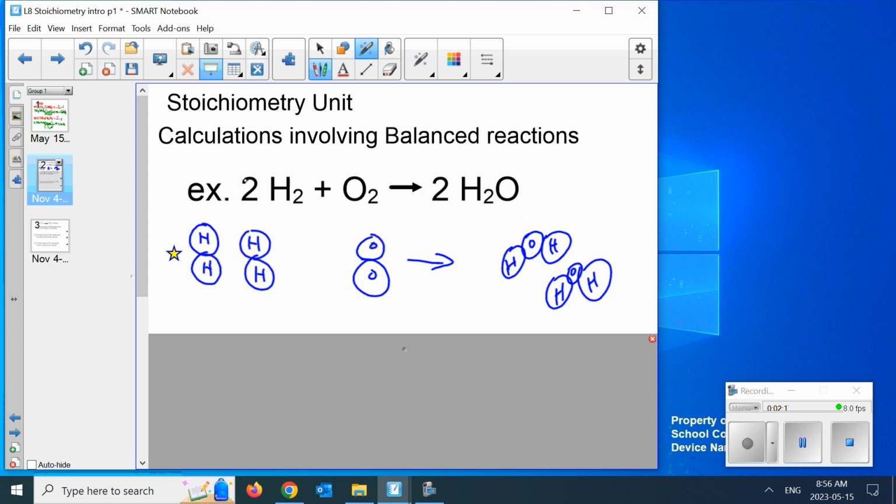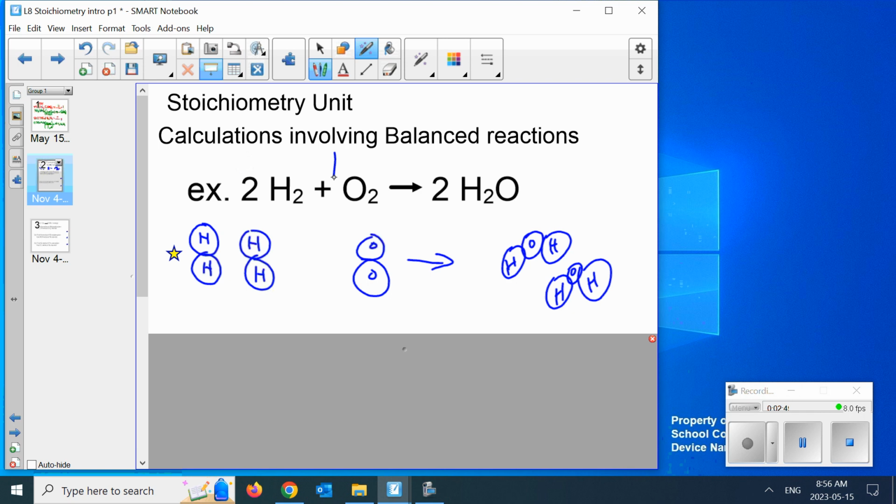So then if I had 2 moles of hydrogen, too many to count, right? If I had 2 moles of hydrogen, how many moles of oxygen? It's like saying if I had 2 dozen, 24 hydrogen, I would need 1 dozen oxygen to make the reaction.